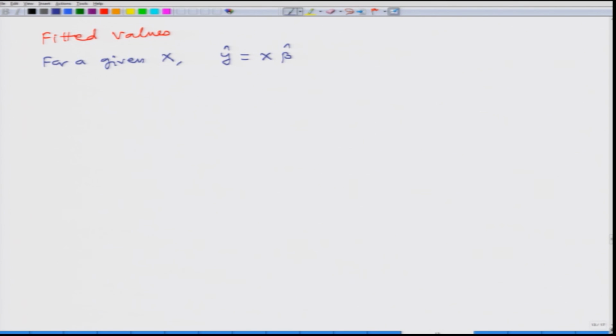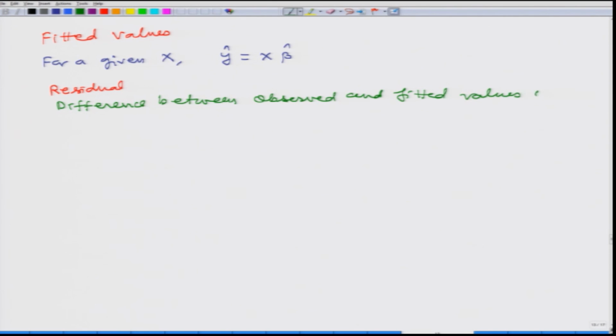Okay. The next quantity we are going to define is the residuals. If you recall, during the simple linear regression model, we defined the residuals as the difference between the observed and fitted values of the study variable.